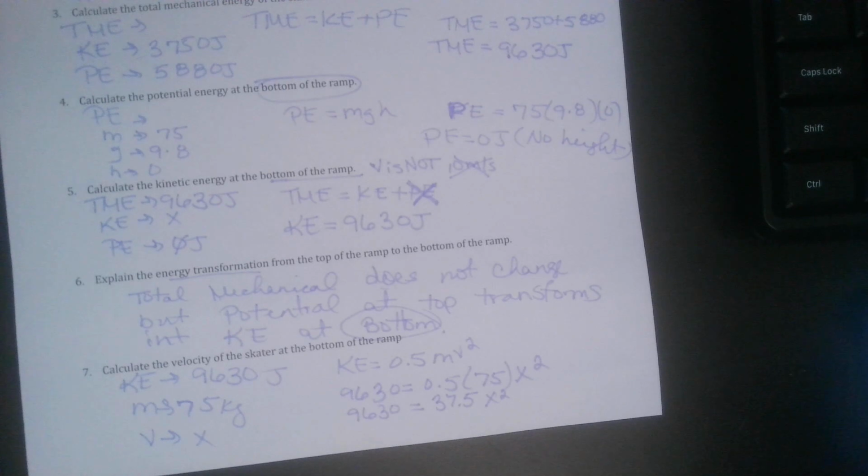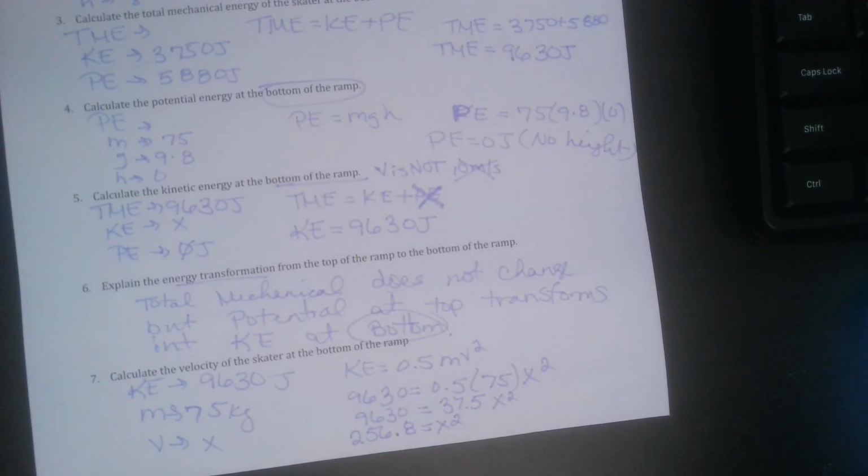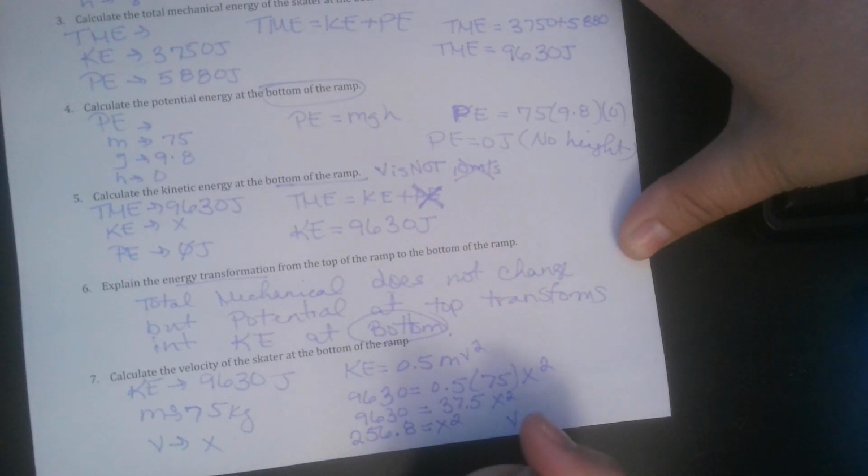Divide 9630 by 37.5. Now I have 256.8 equals x squared. And now take the square root of that number. And our velocity is 16.02 meters per second.